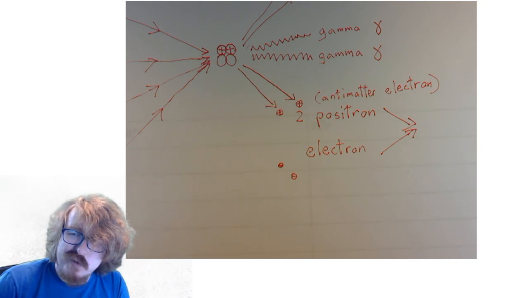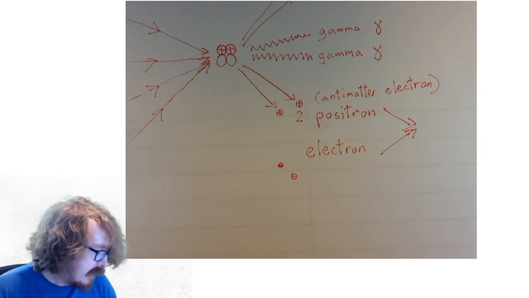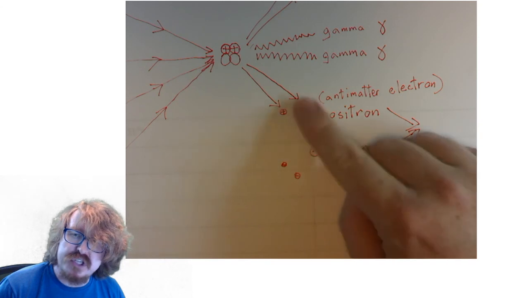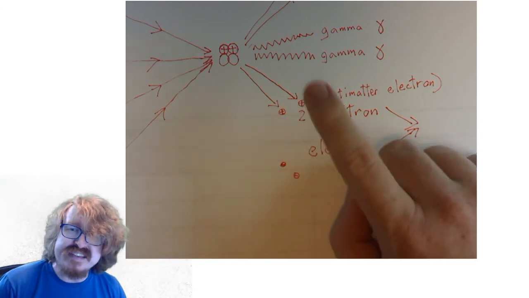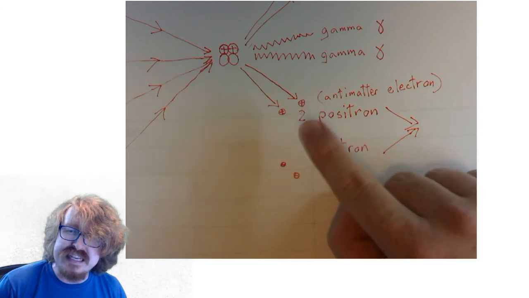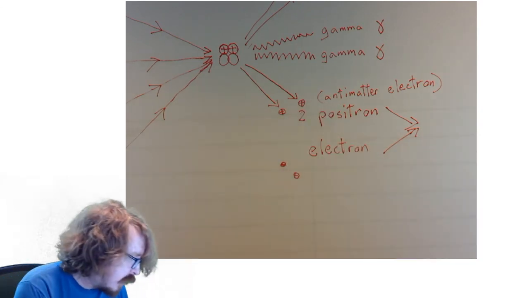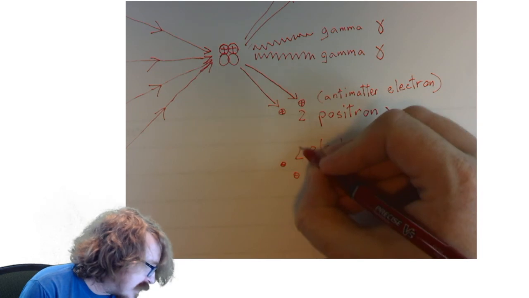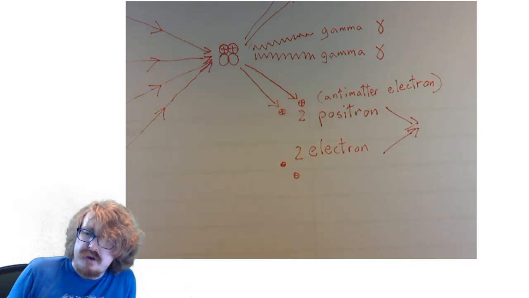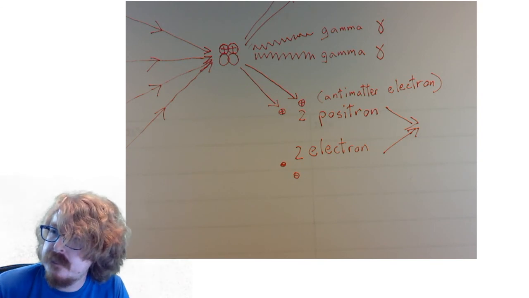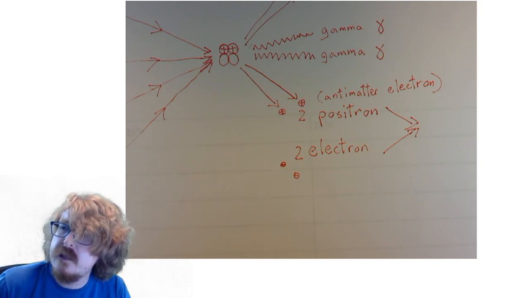And here's the thing, let's see if we can figure this out. How many gamma ray photons are we going to make? Every particle that gets destroyed produces a gamma ray photon. So these two positrons destroy these two electrons. So how many gamma ray photons are we going to get? 4.